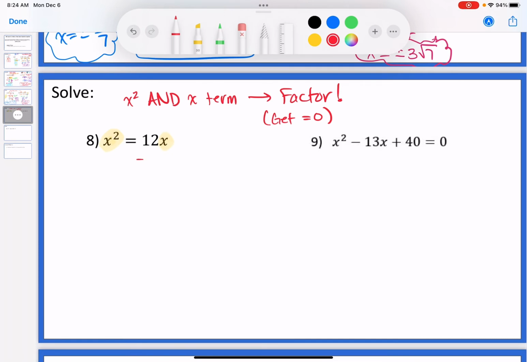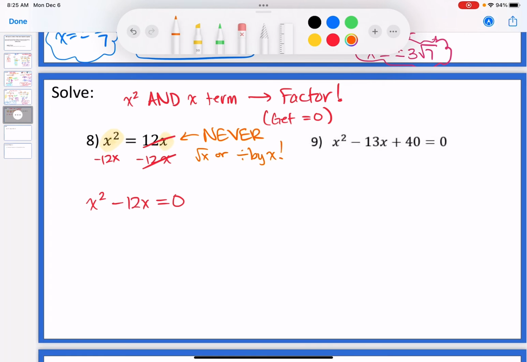So my first step in this one is not to square root, it's not to divide, it's to subtract 12x from both sides. I want to get it to equal 0. So I have x squared minus 12x equals 0. And I want you to write a note. Never square root x or divide by x, ever, okay?